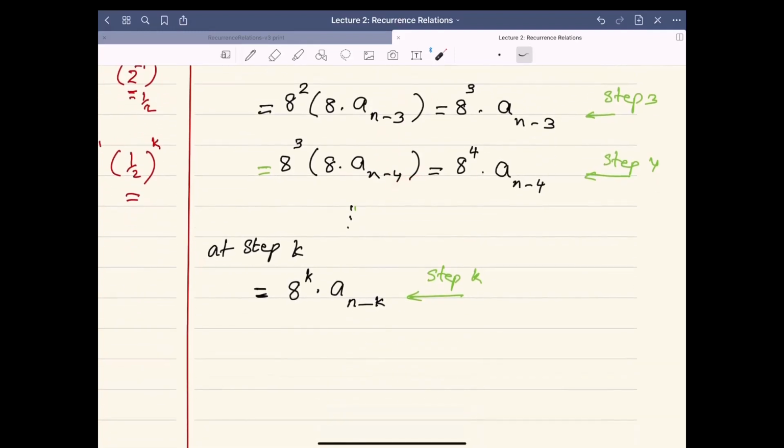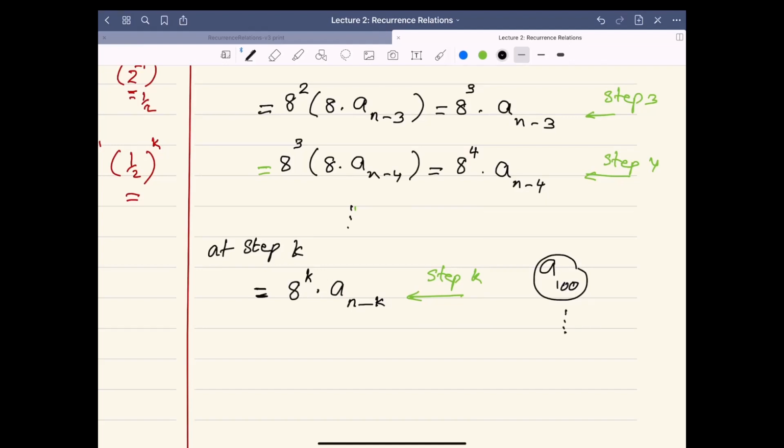You will keep subtracting until you reach the initial value. If we ask you to find A100 by a recurrence relation, what would you do? You need to find A99. And from A99, you need to find A98, A97. You go all the way until you reach the initial value.